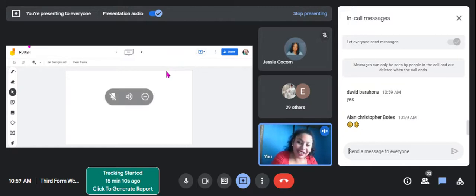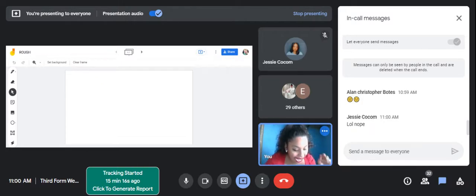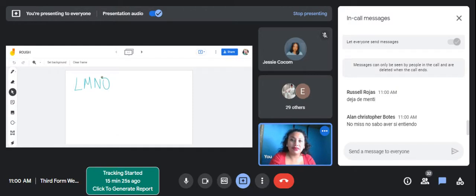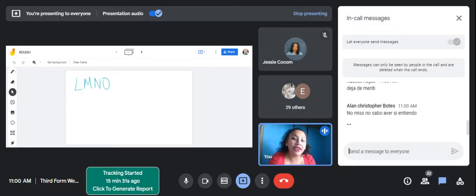That is the mathematical meaning. Do you understand that mathematical meaning though? Let's look at the information. I am given a shape that is L, M, N, O, my quadrilateral. How many sides does a quadrilateral have?